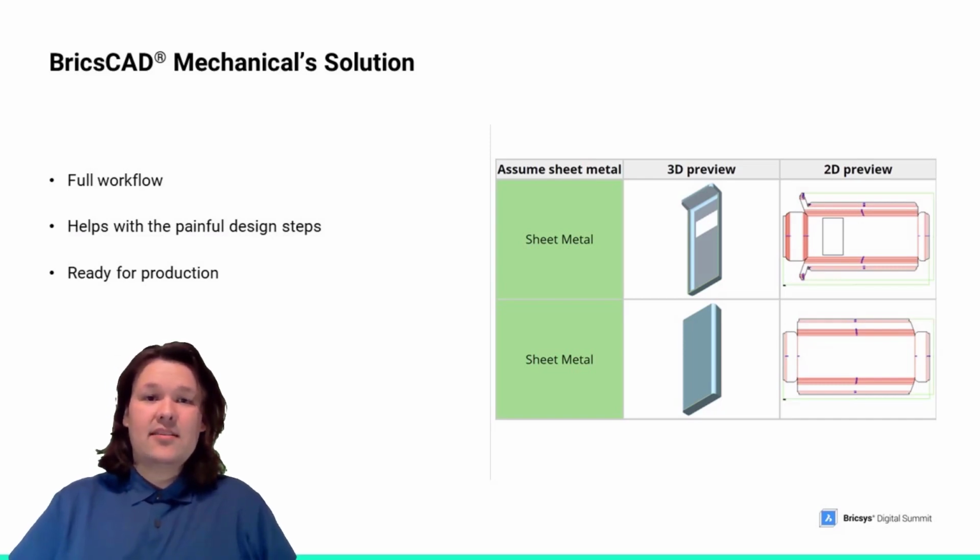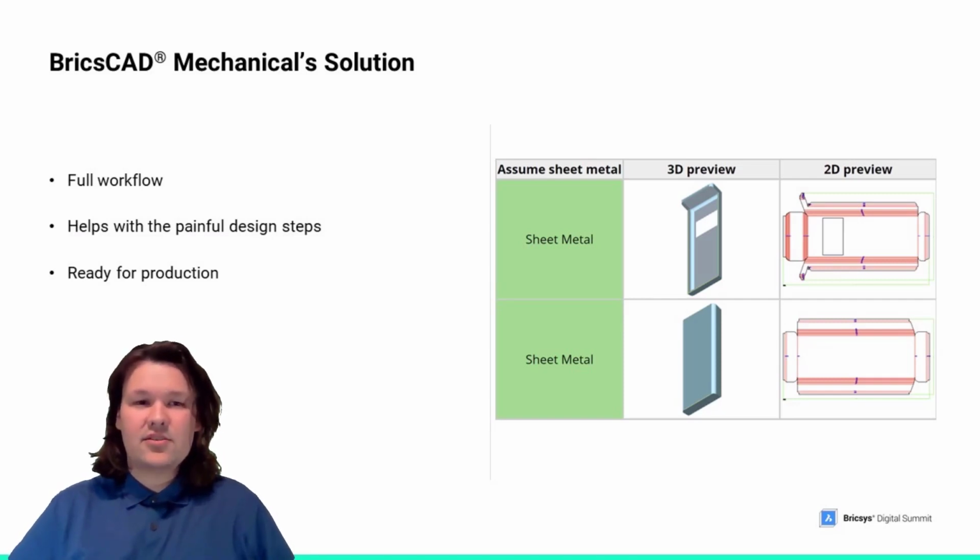Meaning that BricsCAD Mechanical allows you to easily create and supply fully manufacturable designs in CAD that can immediately be sent to production, certain that it can actually be made.